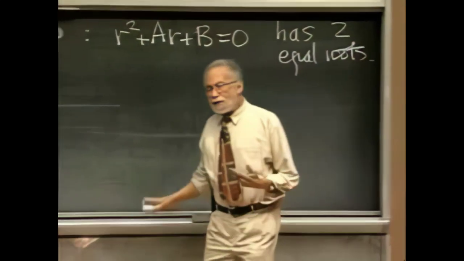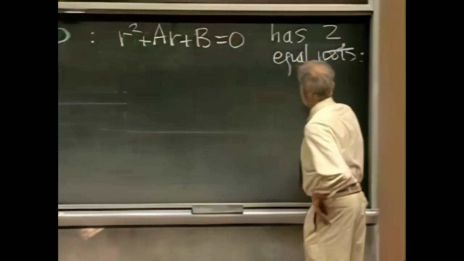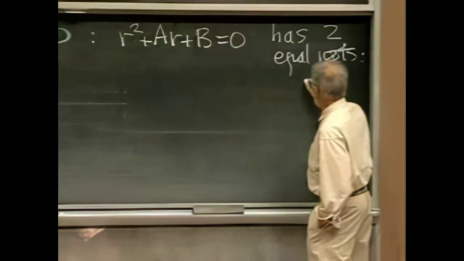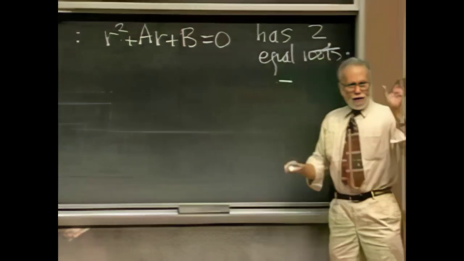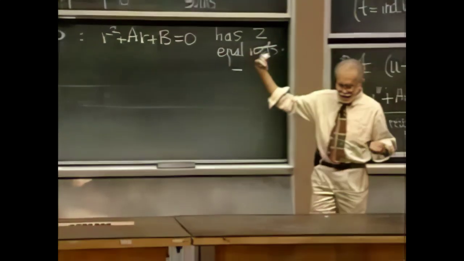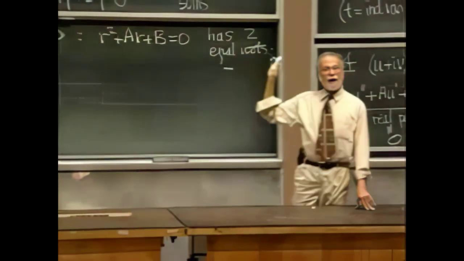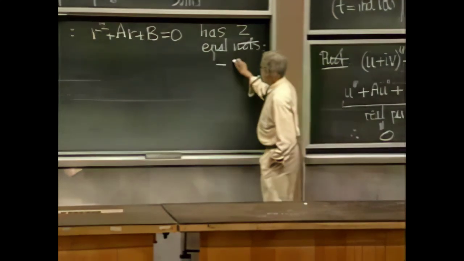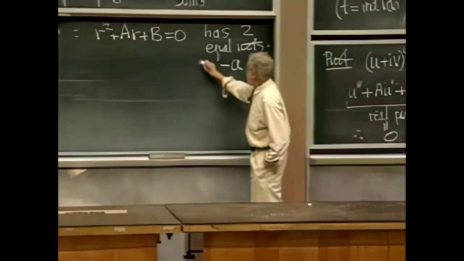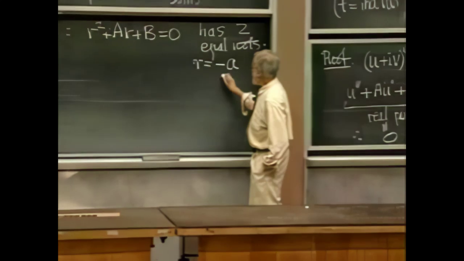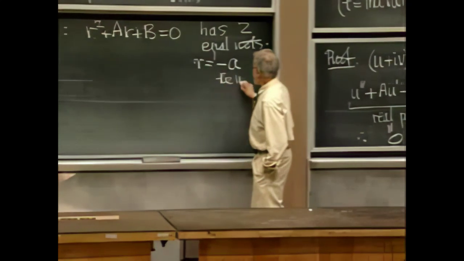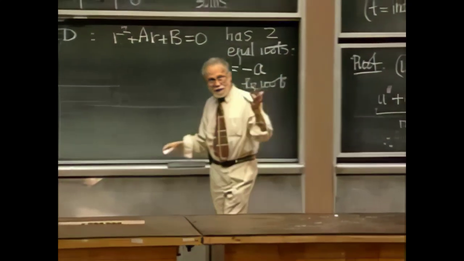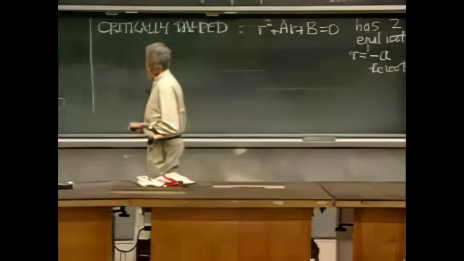Now, that's a very special equation. Notice that in this physical case, the roots always turn out to be negative numbers or to have a negative real part. I'm going to call the root negative a, so r equals negative a, where a is understood to be a positive number. I want that root to be really negative.